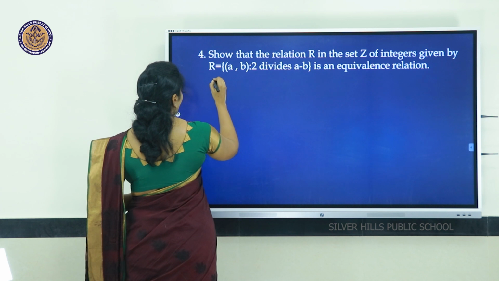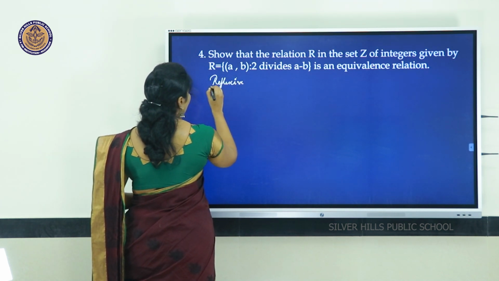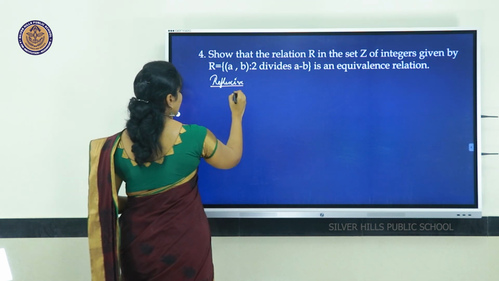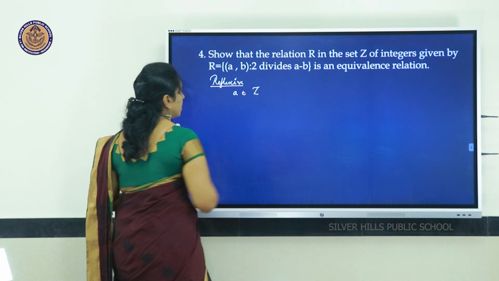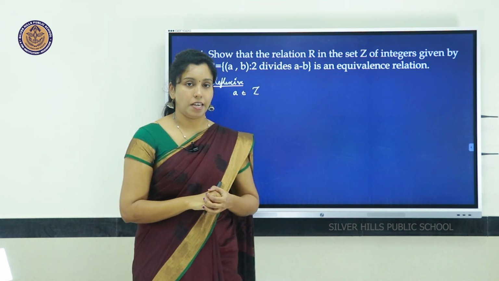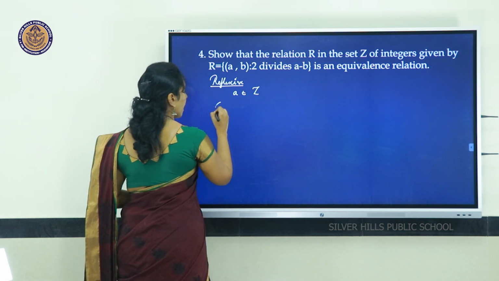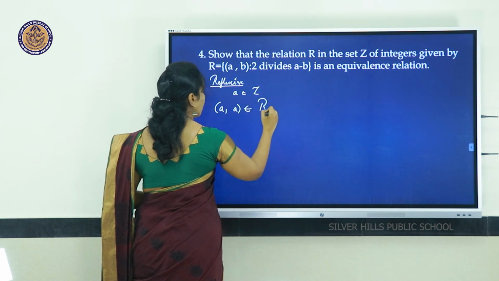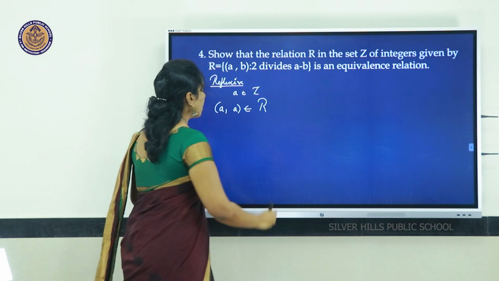So, let us write the first one. Reflexive. Let us consider a. What is our set? Integers. So, I consider a an element of Z. I can say (a, a) belongs to the given relation. Why?